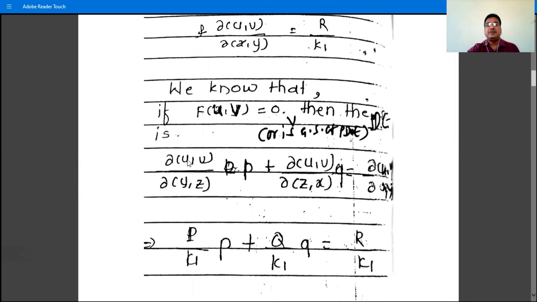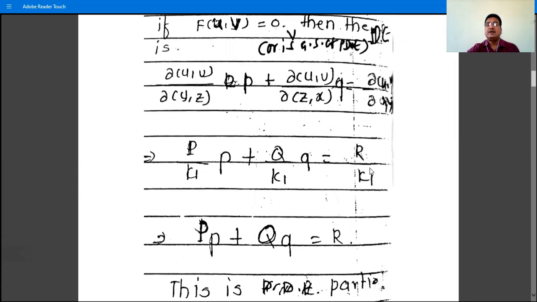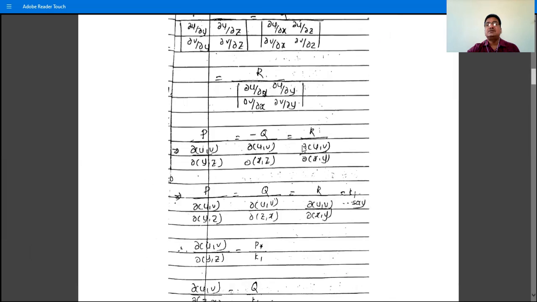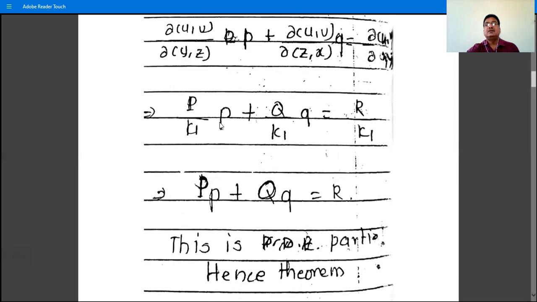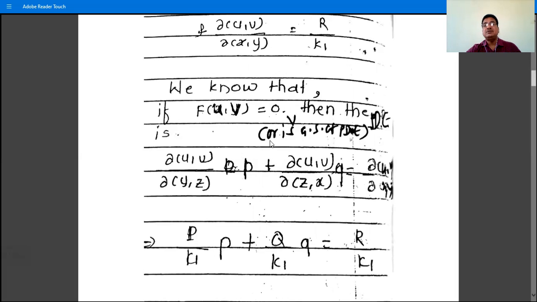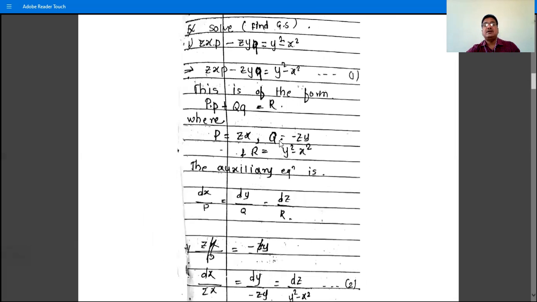Just substitute the values of the three Jacobians, P/k1, Q/k1, and R/k1, and from this we have the answer, Pp + Qq = R. This is the corresponding differential equation whose solution is f(u,v) = 0. We'll see the problems of the Cauchy linear in the next lecture.